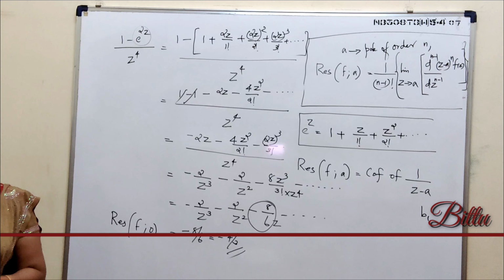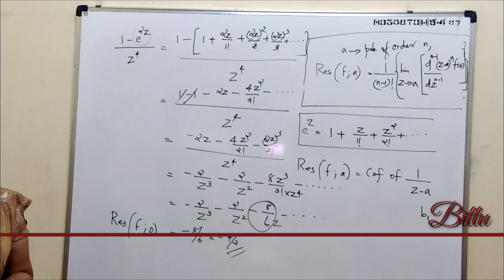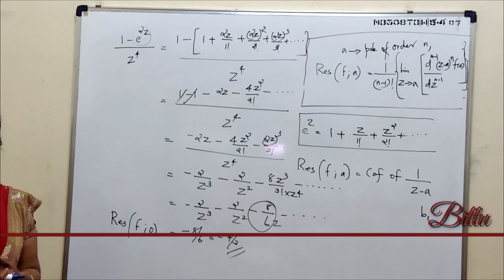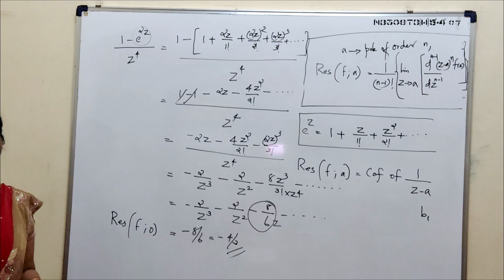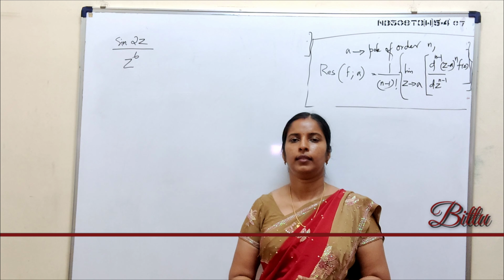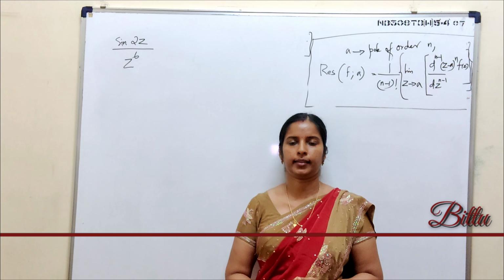Also, keep in your mind, you can easily find the residue from the Laurent series expansion if the given function contains exponential functions or trigonometric functions. In that situation, you can depend on this method. Let me try to answer one more question. So consider the function sin 2z by z raised to 6.